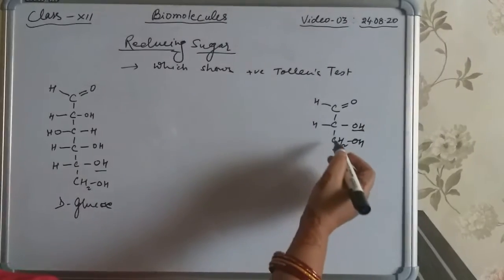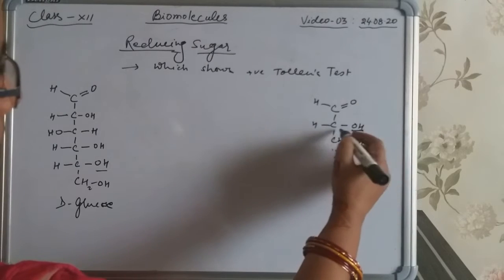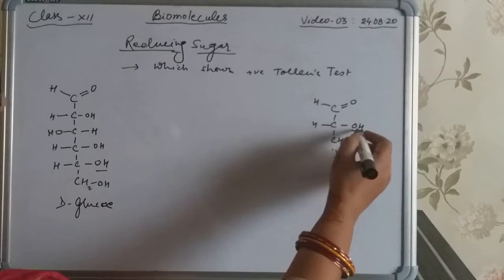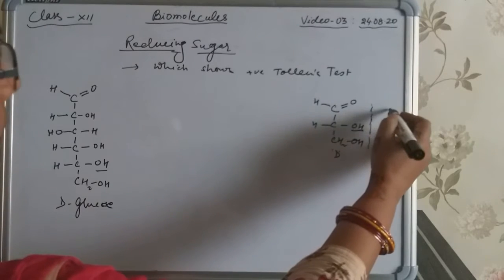Suppose it is glyceraldehyde, D-glyceraldehyde. Whenever the OH group is present on the left side, at the second position, 1, 2, 3, it is the mirror image of this.